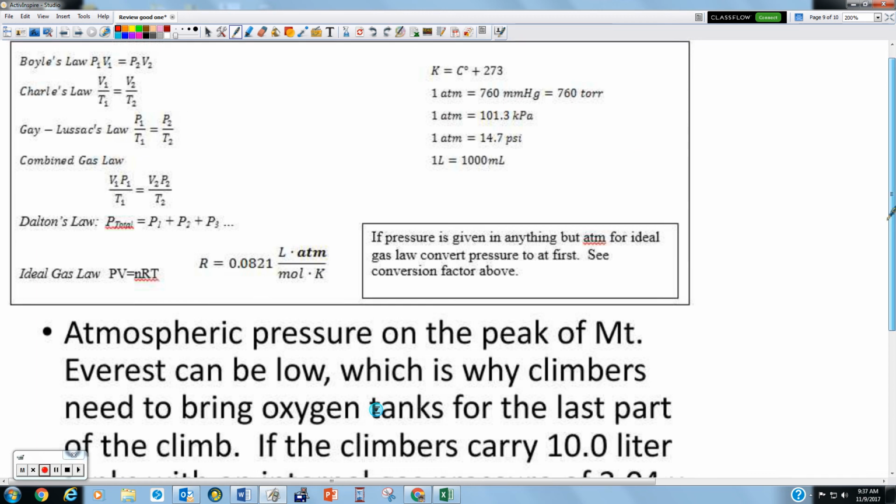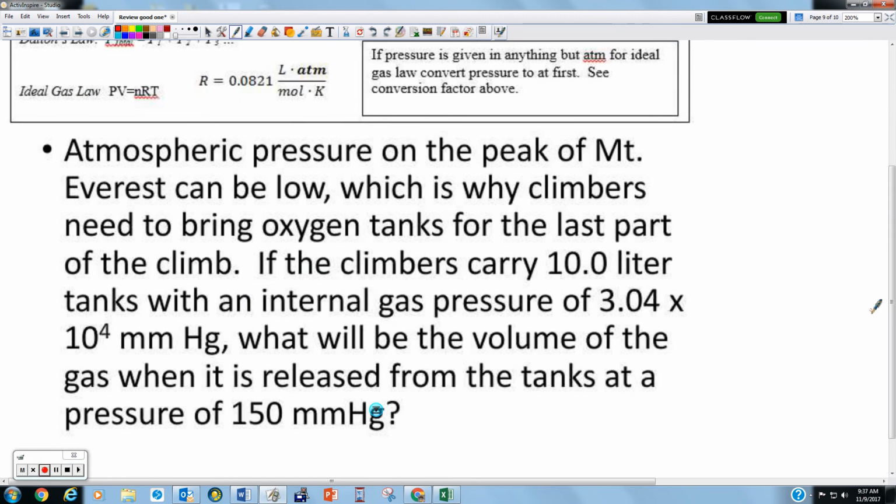All right. I think I have just two more that we're going to identify. Atmospheric pressure on the peak of Mount Everest can be low, which is why climbers need to bring oxygen tanks for the last part of the climb. If the climbers carry 10-liter, that's the volume, 10-liter tanks with an internal pressure of 3.404 times 10 to the 4th millimeters mercury, that's a pressure.